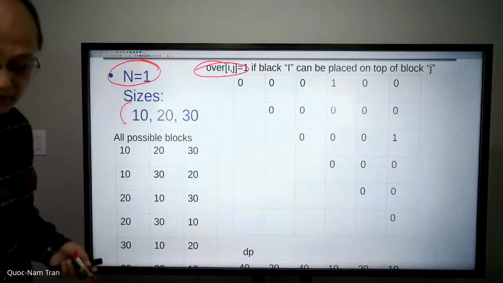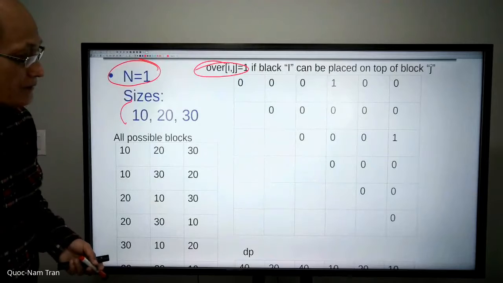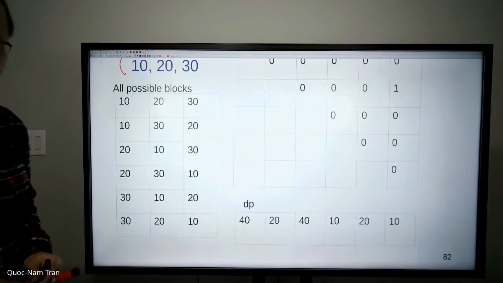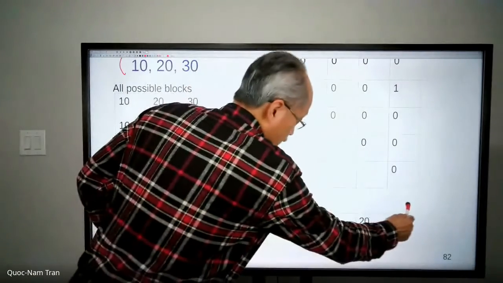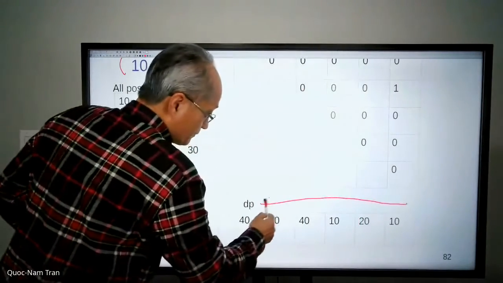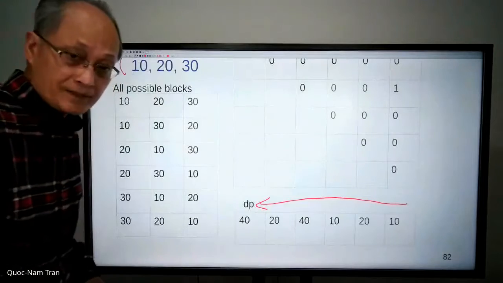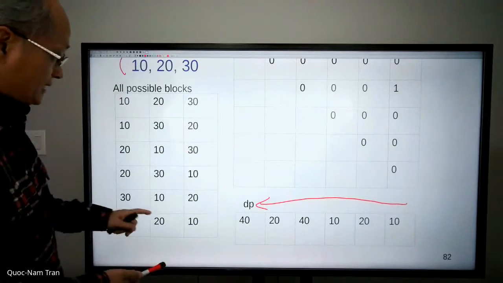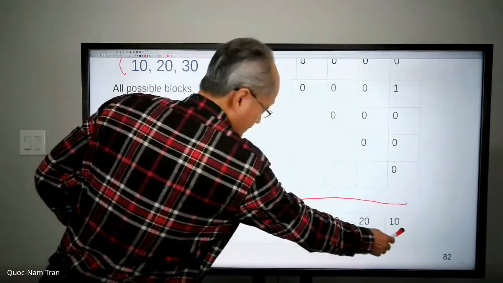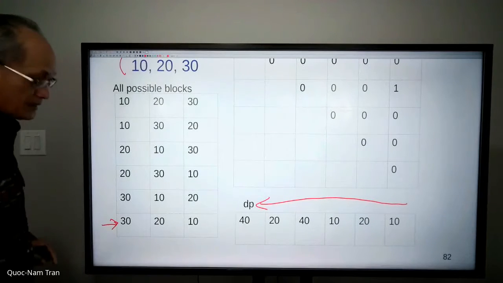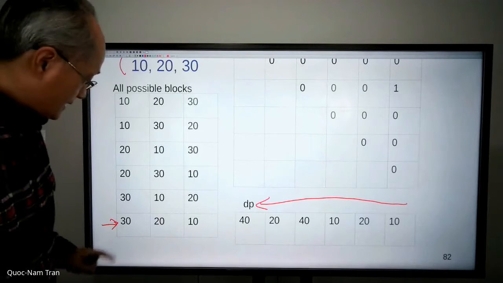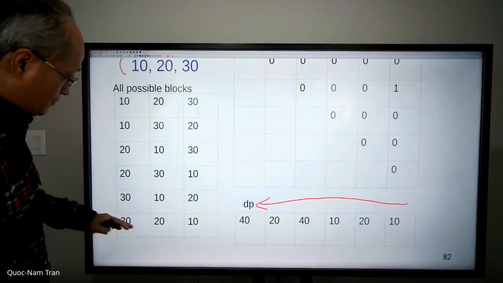And after we did it, we just have the DP table. What we did was that we will try to calculate DP from right to left, right? So meaning that the last one here corresponds with this block. So that said, we do bottom up.